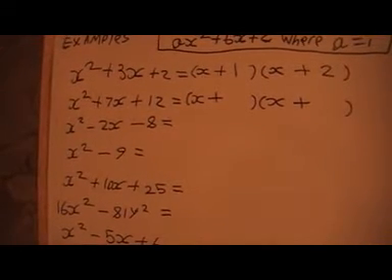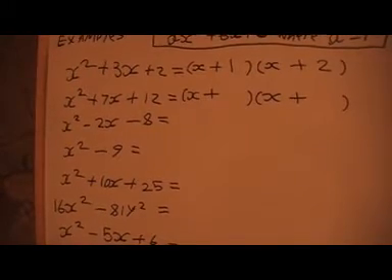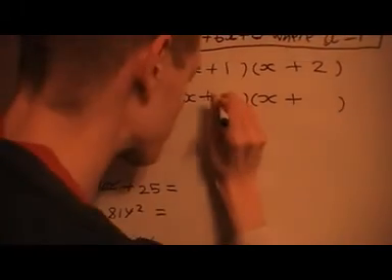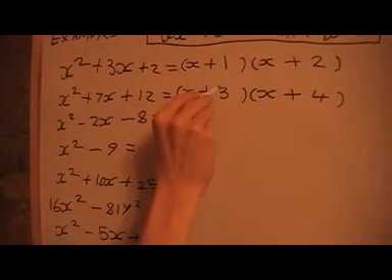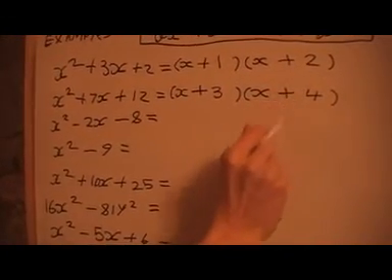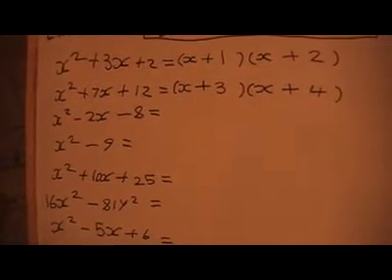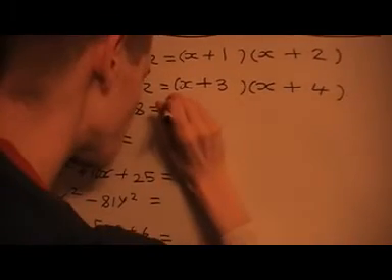We've got 1 and 12, 2 and 6, and 3 and 4. But 3 and 4 add up to make 7, so I'm going to choose 3 and 4. It doesn't matter if I put the 4 in this bracket and the 3 in the other bracket, it's still the right answer. It doesn't matter which order you do that, it's still right.